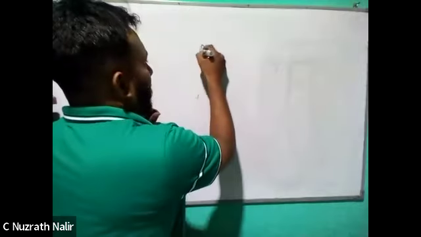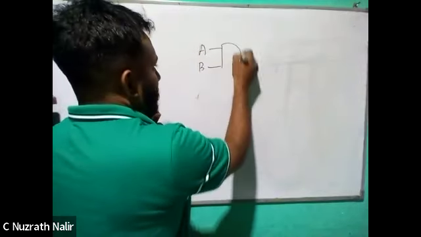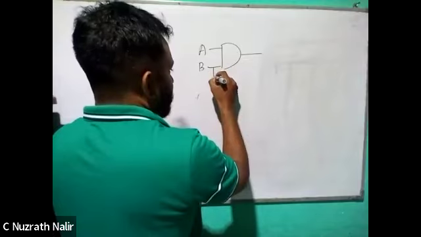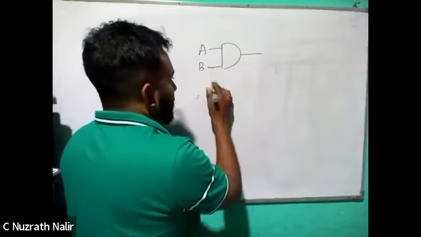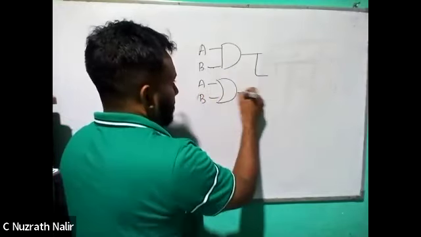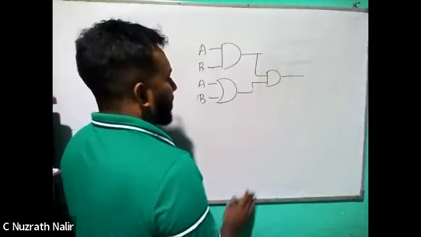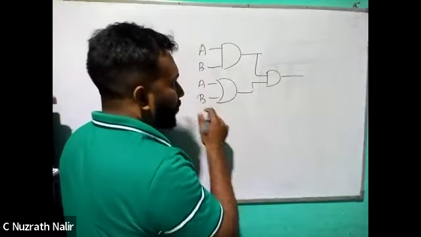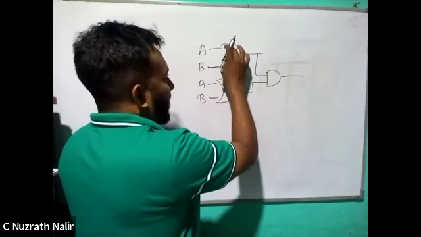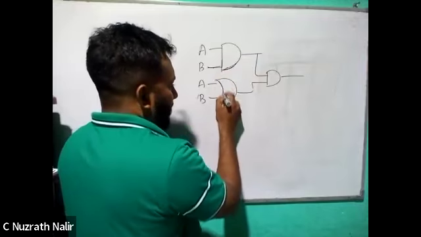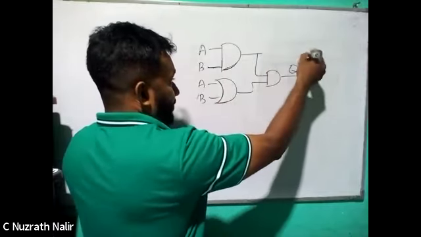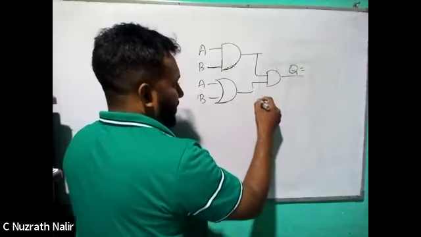Okay, see, A, B, and, okay, this is one example. How to do this one? Here, this is an AND gate, this is an OR gate. Now you should find the Q. Find the Q expression.